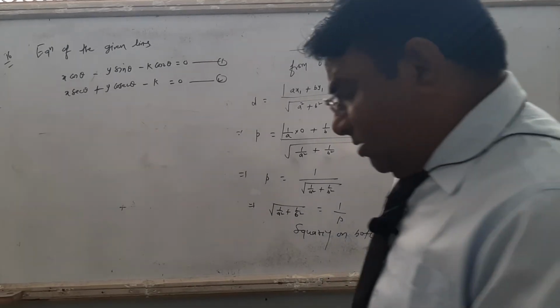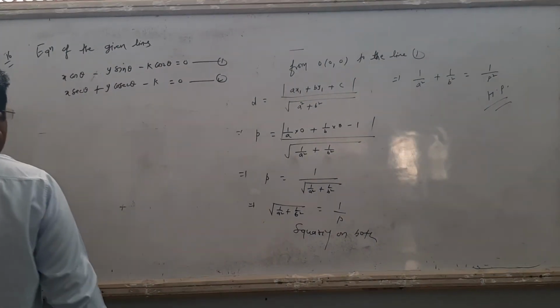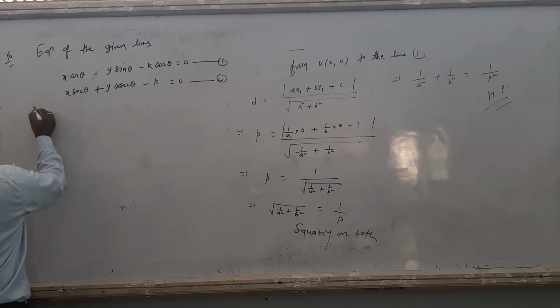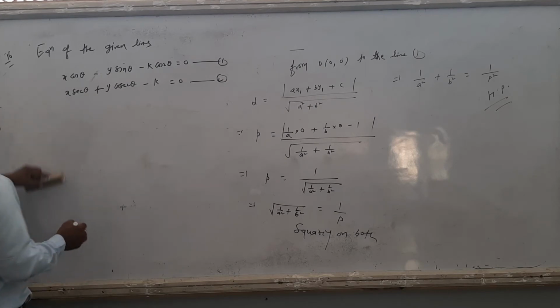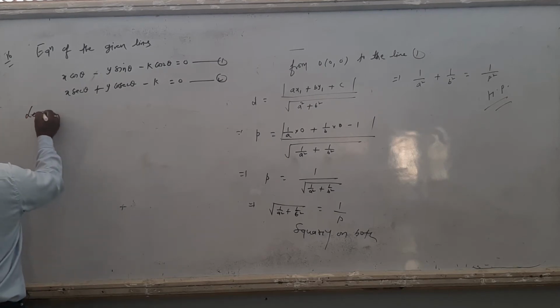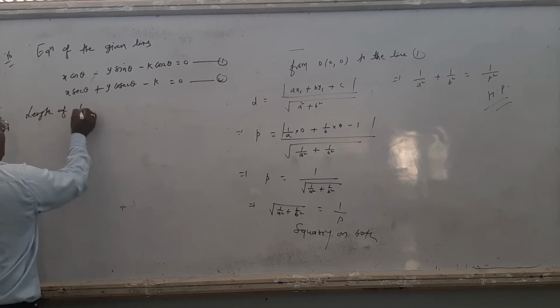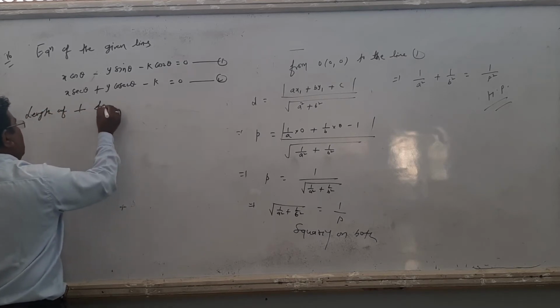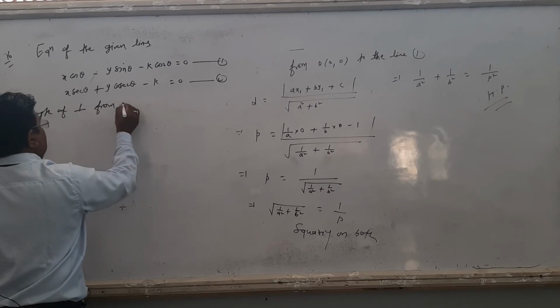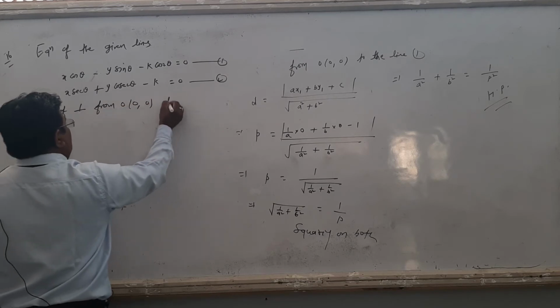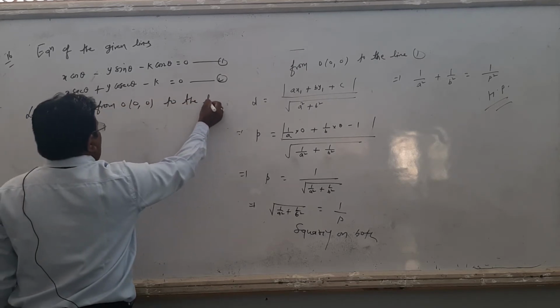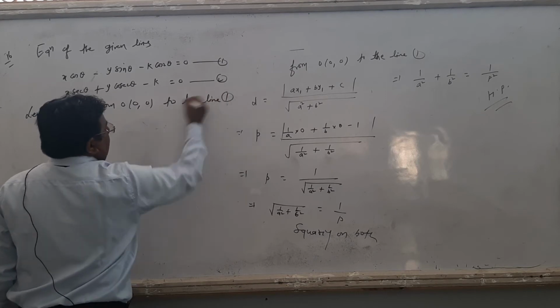So student, now look here, first thing, the length of perpendicular is given, that means length of perpendicular from the origin, that means (0, 0), to the first line, right?